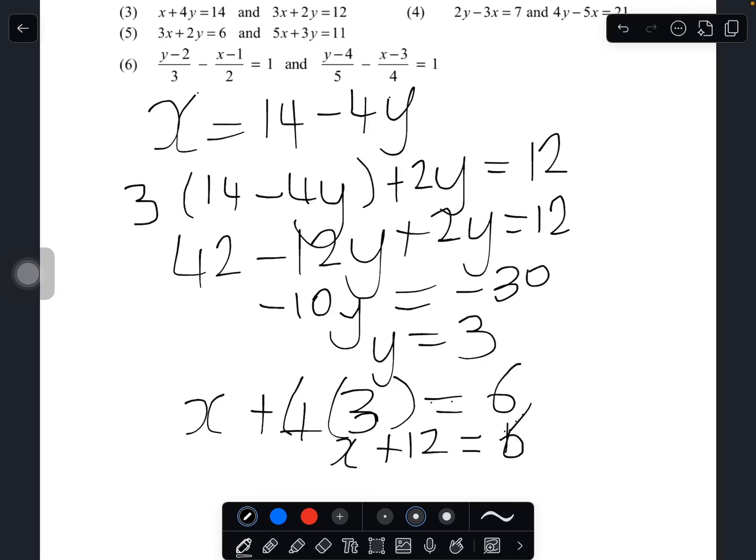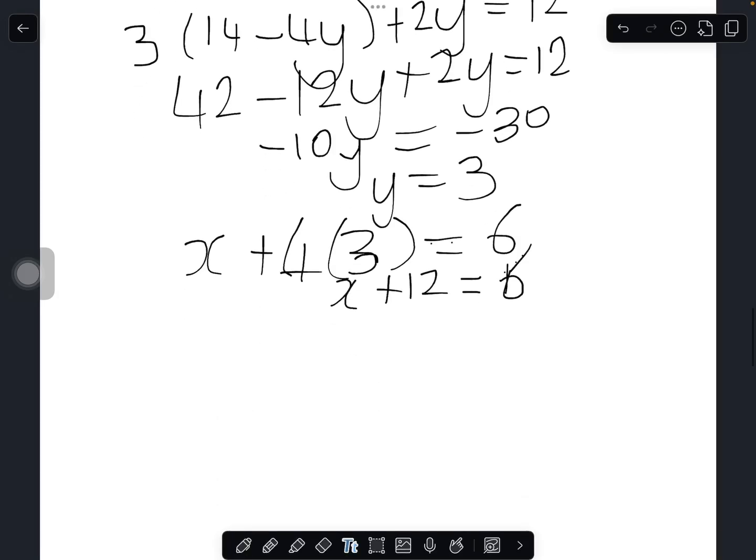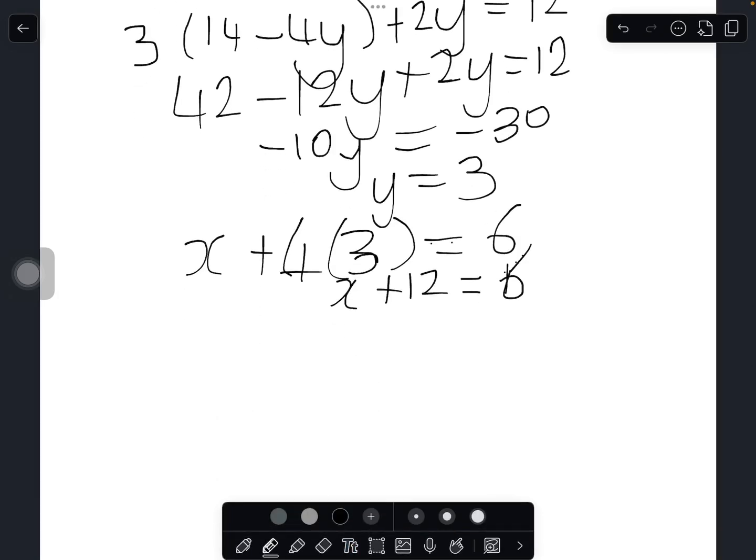And then that will leave me with x, oh, wrong pen. That will then leave me with x equals negative 6. That's our third sum done. I hope you guys are getting them right. Time to move on to the fourth sum.